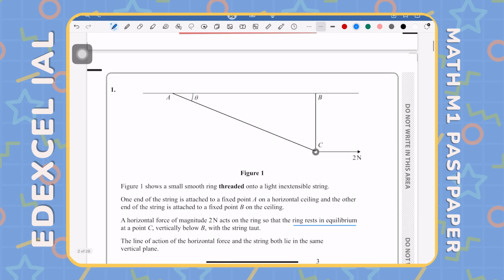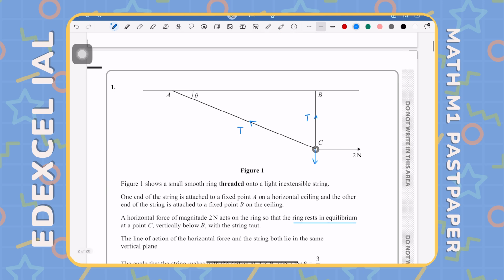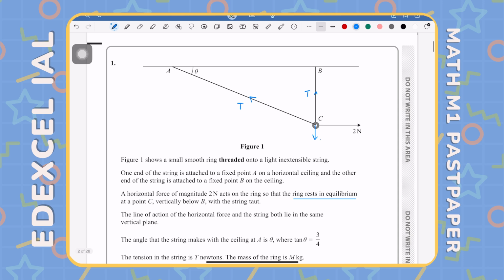Okay, now what we're supposed to do in the first part is find the value of T. So let's mark all the forces here. We have T acting away from the object, we have T here also acting away from the object, and then there is the mass of the ring, which is m kg, so that means this is mg newtons.